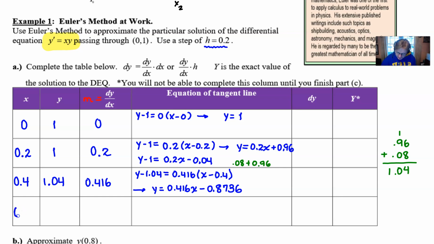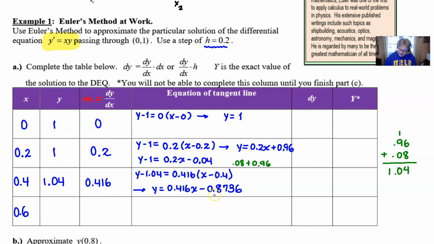So we're going to go to 0.6 now. Now that's going to cause us to have a new y. So I'm going to replace this x with 0.6. So I've got 0.416. That will be multiplied by 0.6, and then I'll subtract 0.8736 now.